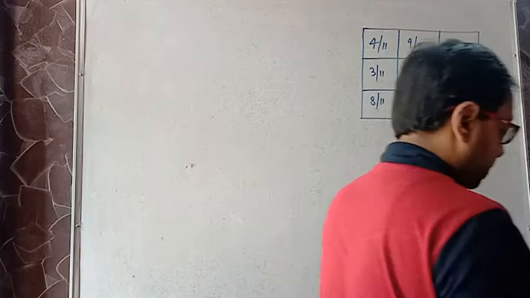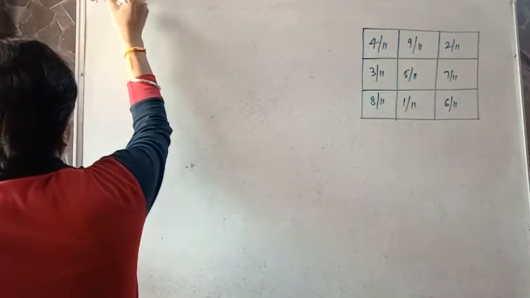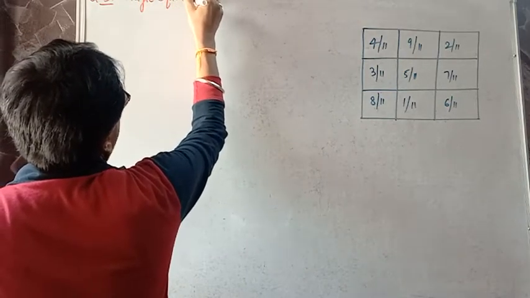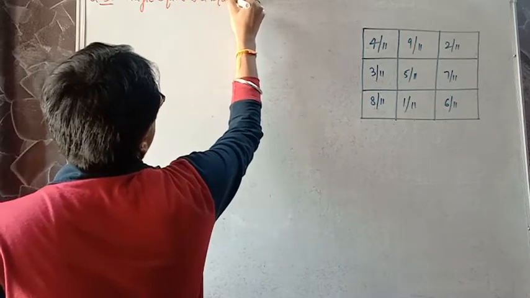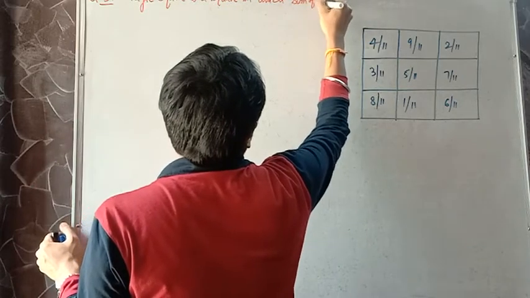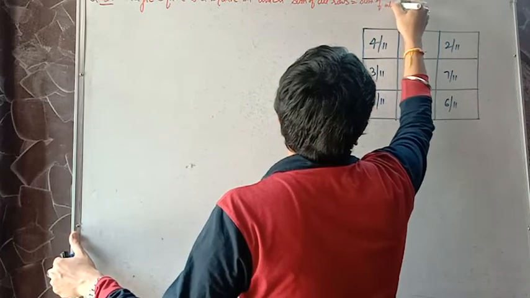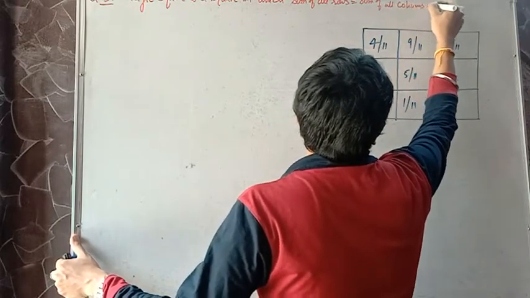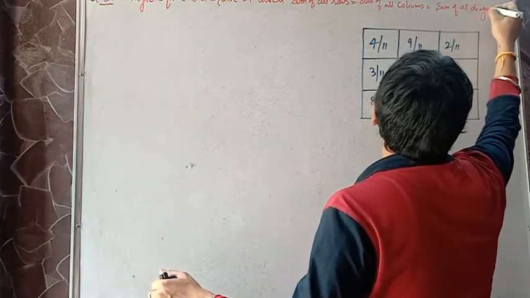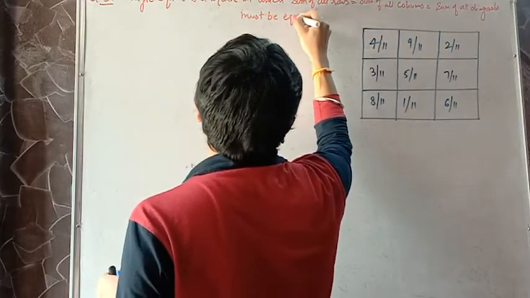Let's see the magic square now. In question number 3, what do you mean by magic square? A magic square is a square in which the sum of all the rows, the sum of all the columns and the sum of all the diagonals must be equal.